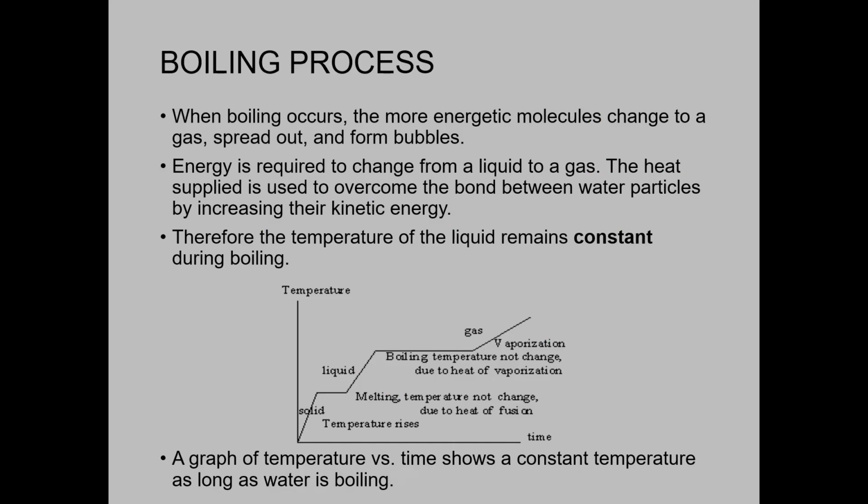So, apa yang saya terang tu in words form. So, when boiling occurs, more energetic molecules change into gas. Senang nak spread out. Okay. So, energy required untuk change from liquid to gas is supplied by the heat. So, it's easier they nak overcome the water particles in increasing kinetic energy. Thus, the temperature of the liquid remain constant during boiling point. Itu je.